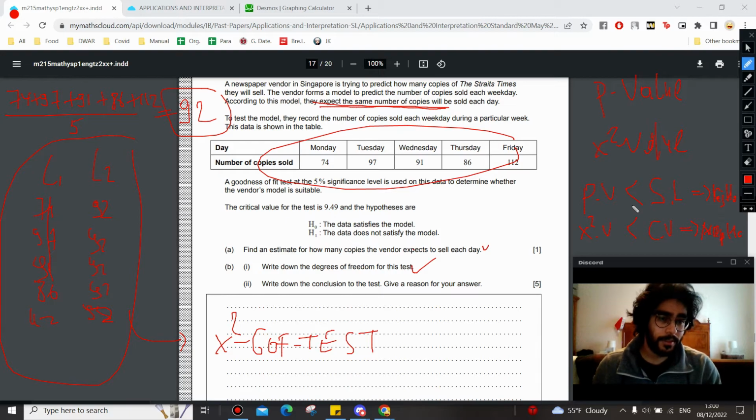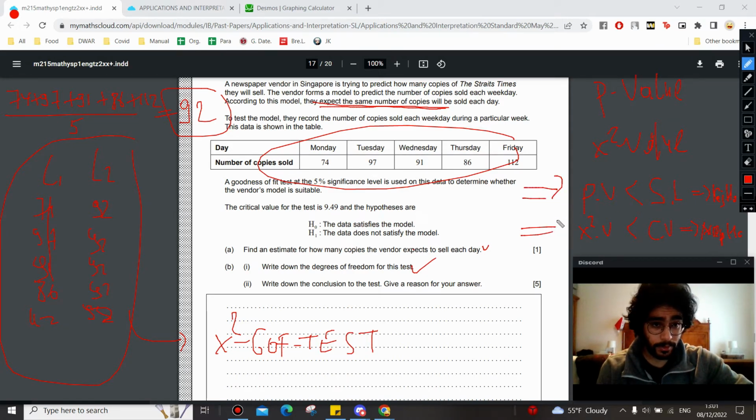And if your chi-square value is less than your critical value, then you accept H0. Another important thing is that you can use either of these ways, p-value or the chi-square, to draw your conclusion. Either is fine. But the wording is important, okay?